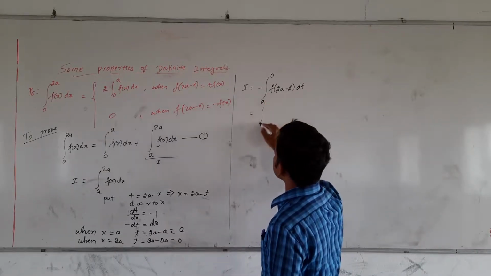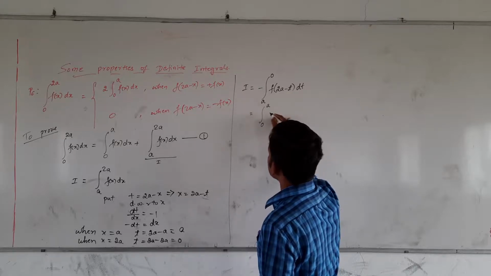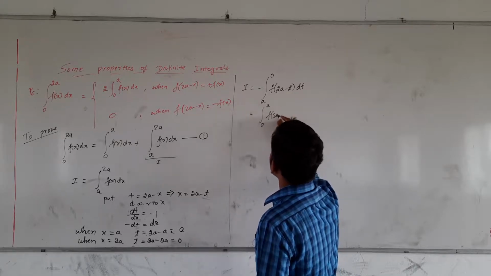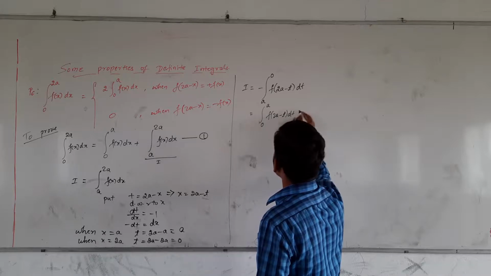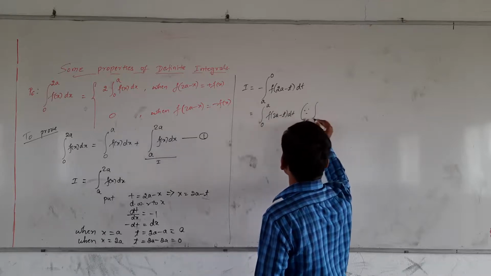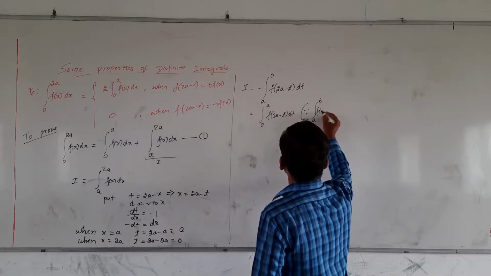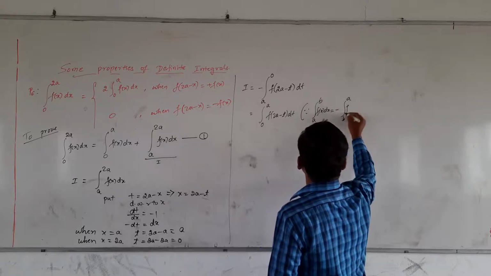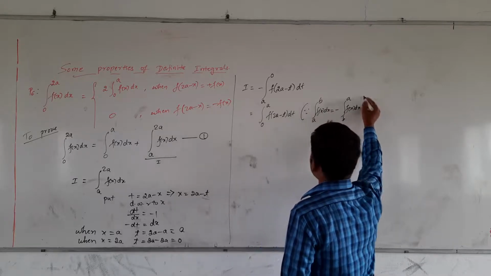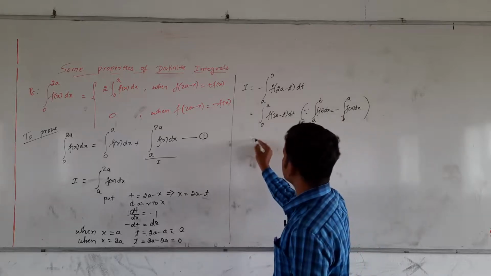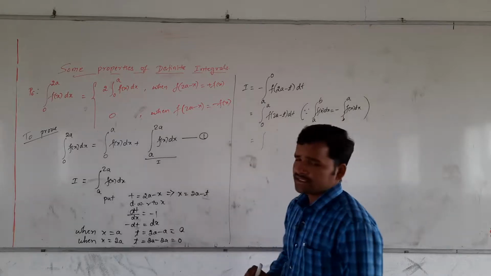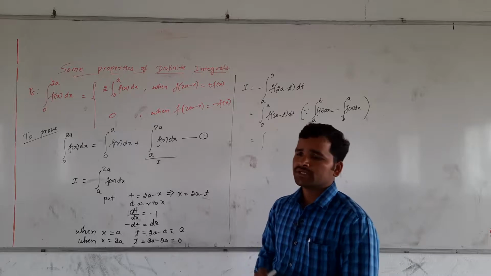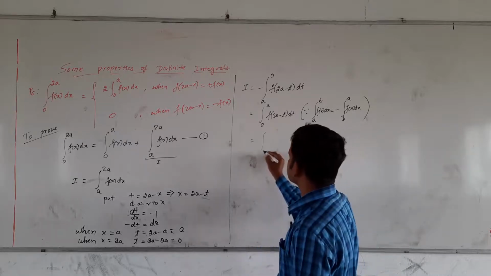If I interchange the upper limit and lower limit, this becomes the integral from 0 to a of f of 2a minus t dt. Why is this? This is because integrating from a to b f of x dx is equal to minus the integral from b to a of f of x dx. Okay. Then I don't want this t. I can change the variable to another variable, that is x.